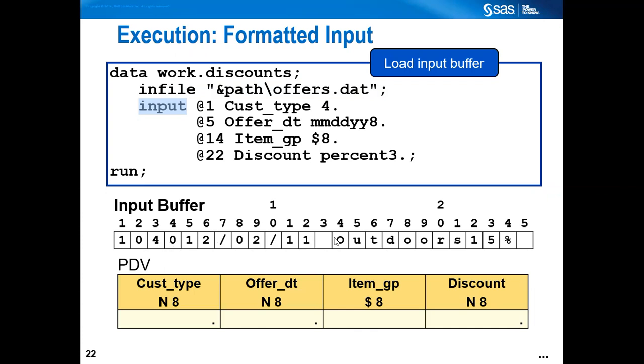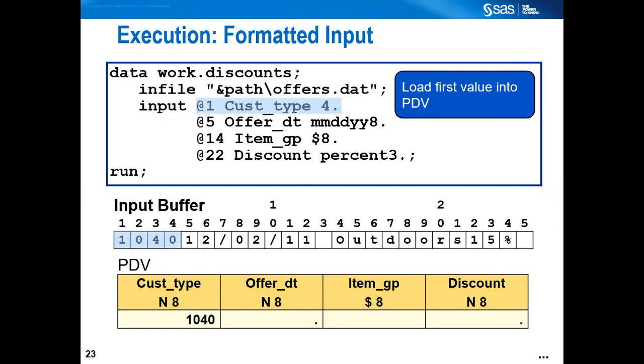Understood? And as per the instructions in your input statement, it will now read the raw data records from the input buffer to the PDV, converting records to SAS data sets. So now see, @1 cust type 4 dot. @1 means starting from the first column, 4 places, this value should be read for customer type. Then the next instruction is @5, so it will go to the 5th column.